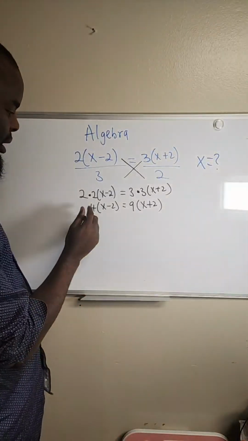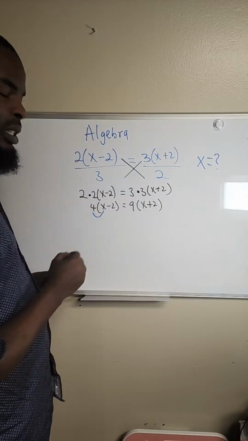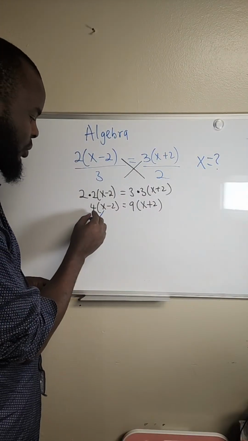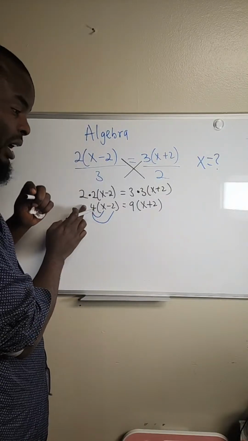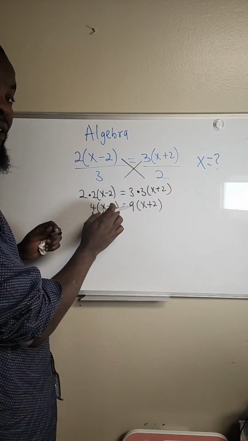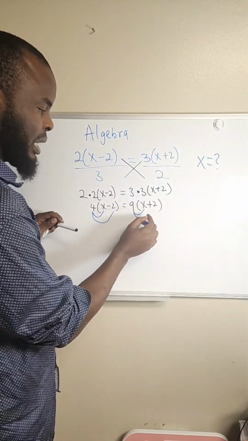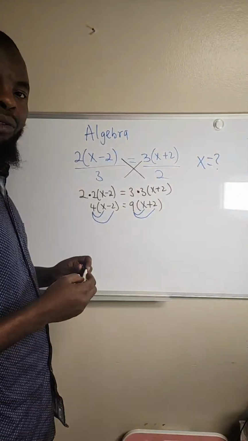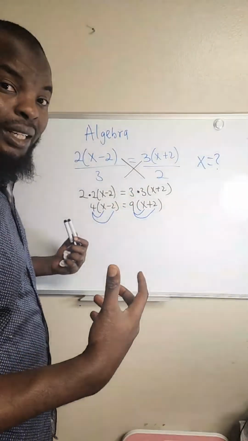Now, the next thing you have to do is to use 4 to multiply this, and at the same time, we use this 4 to multiply this. So you want to use what you have outside to multiply everything you have in the parentheses. The same way you're going to use your 9 to multiply this and your 9 to multiply this. If you have a bracket or parenthesis and want to bring it out, you expand.